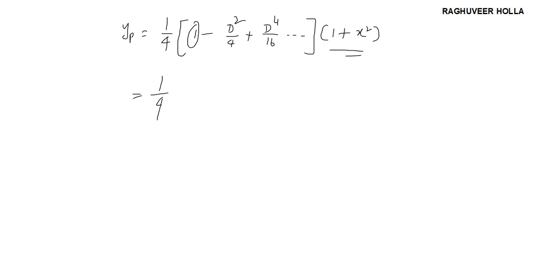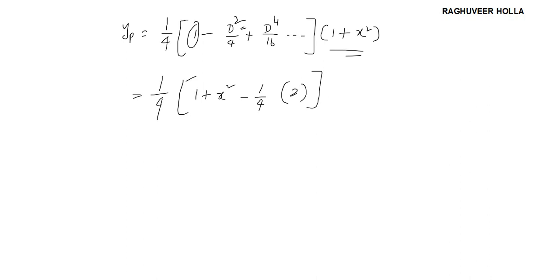So I get 1 plus x square. Now let us put minus 1 by 4 here and find the differentiation d square. That would be 2 here, and the rest of the terms would be 0, so I wouldn't be using those.